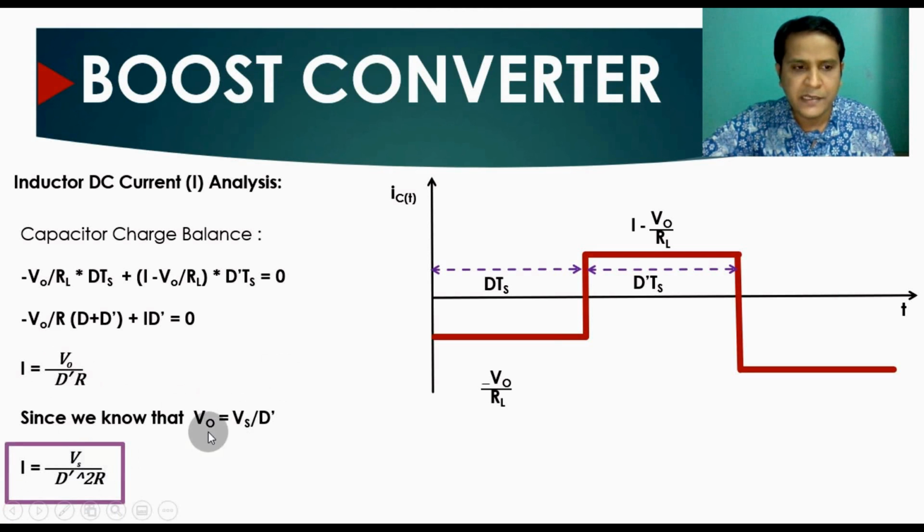So this is basically the DC current equation for your inductor, or inductor DC current, right? I is given by Vs divided by D prime square times R.